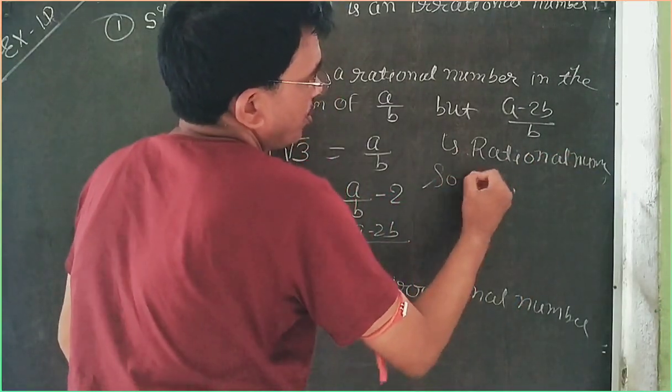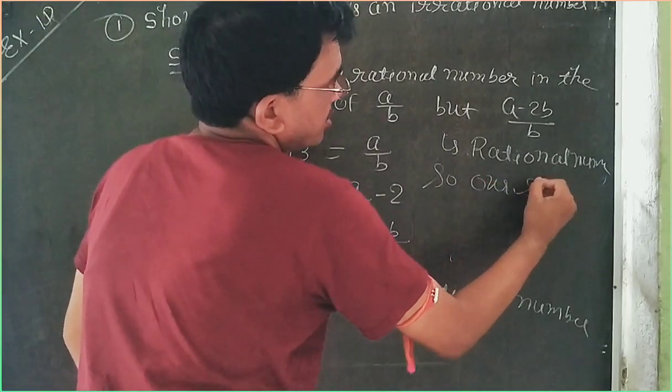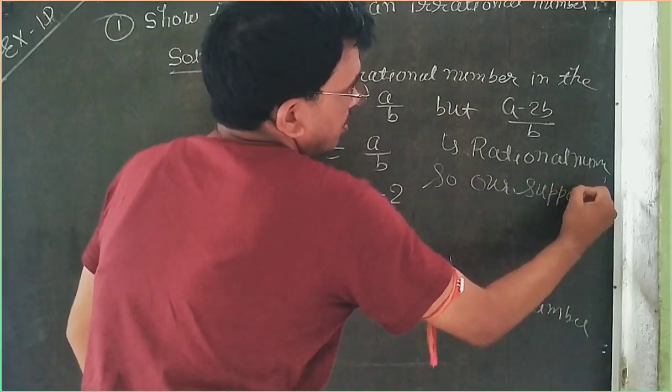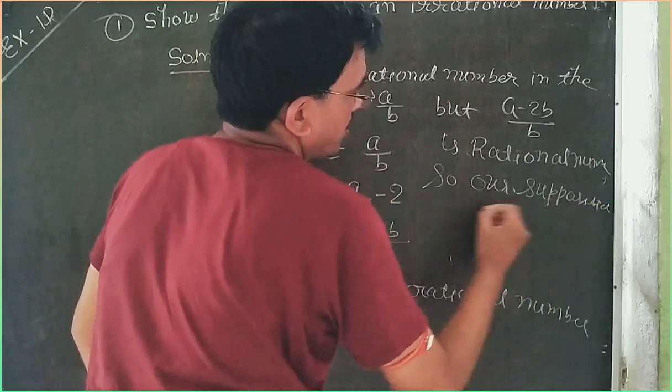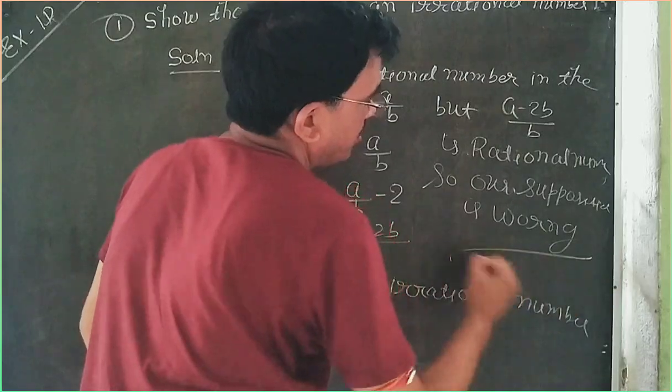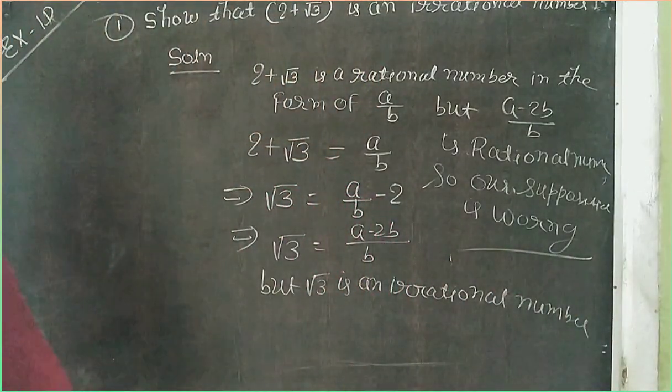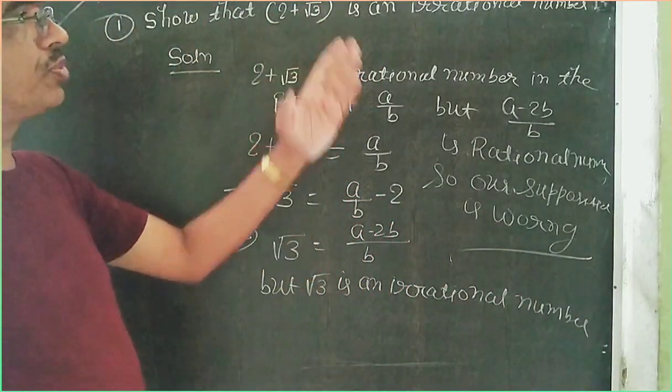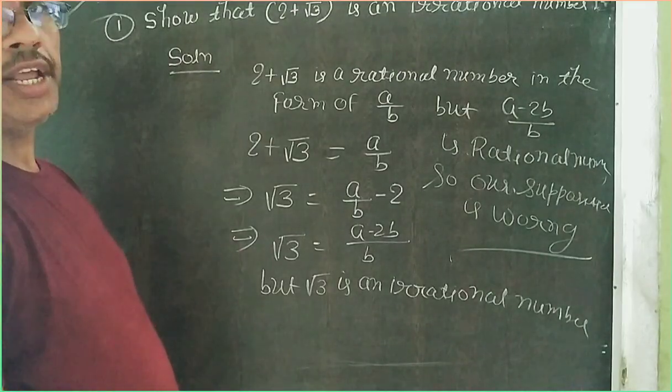So our supposition is wrong. Hence 2 plus root 3 is an irrational number.